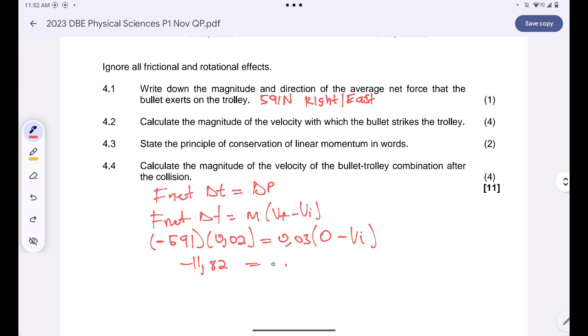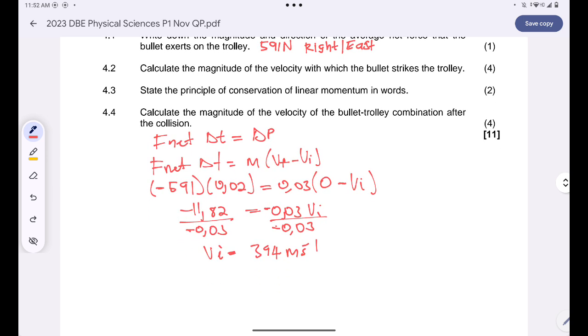Then on the right hand side, I'll get negative 0.03 vi. When I divide both sides by negative 0.03, I'll simply get my vi to be 394 meters per second, like that.